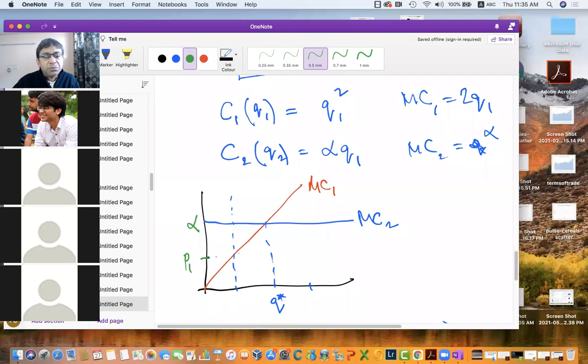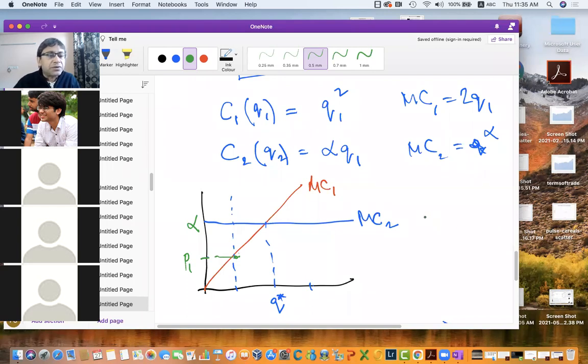And how much does firm 1 produce? That's from firm 1's marginal cost. Yes. So for any price below alpha, essentially all the supply will come from firm 1, and firm 1's marginal cost acts as the supply curve. Now, the moment the price hits alpha, firm 2 is willing to supply an infinite amount at that price.